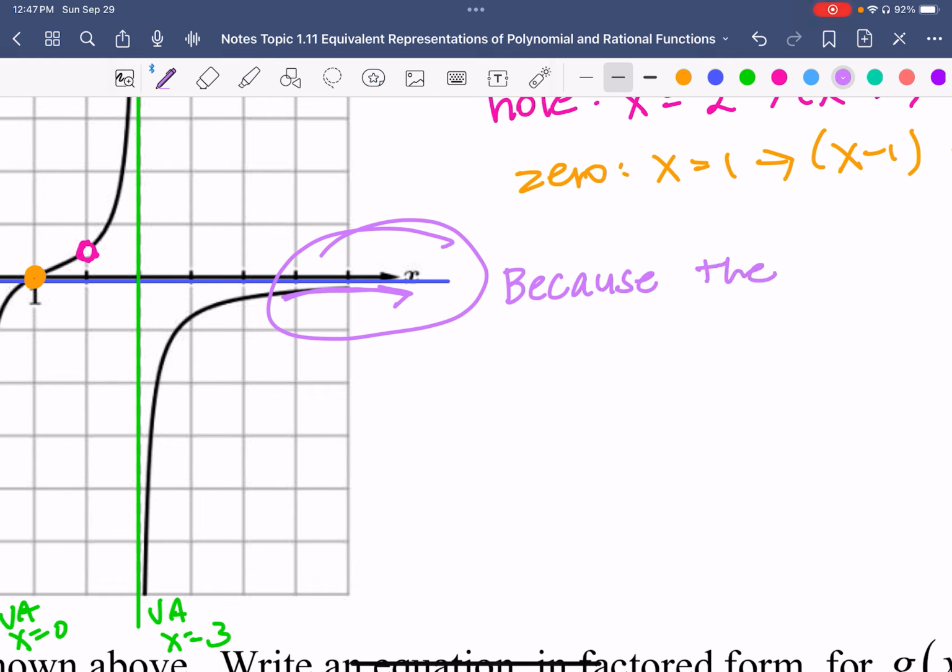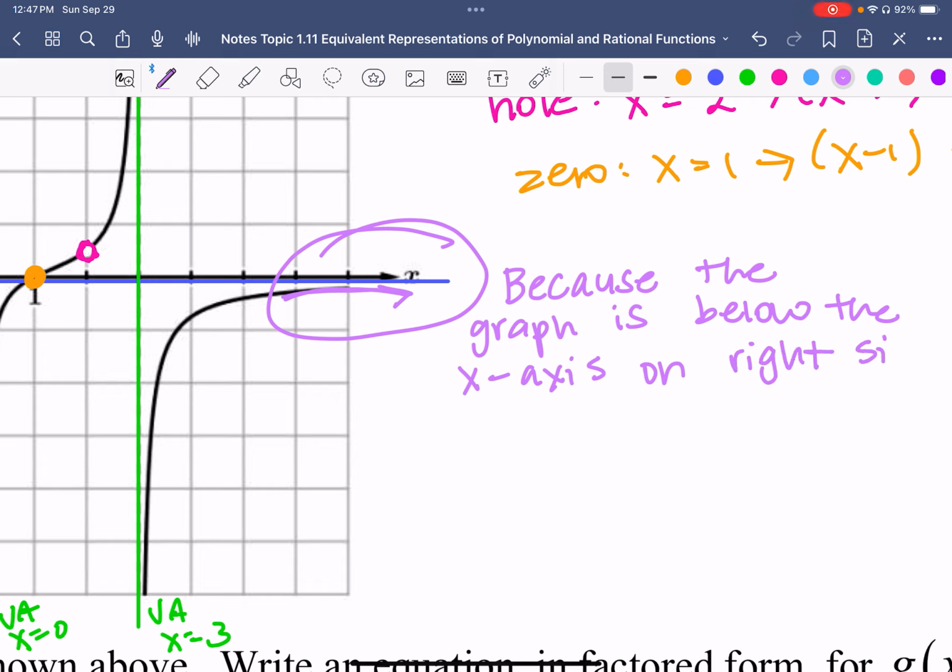So I'll make a note of that. Because the graph is below the x-axis on the right side, the leading coefficient must be negative.